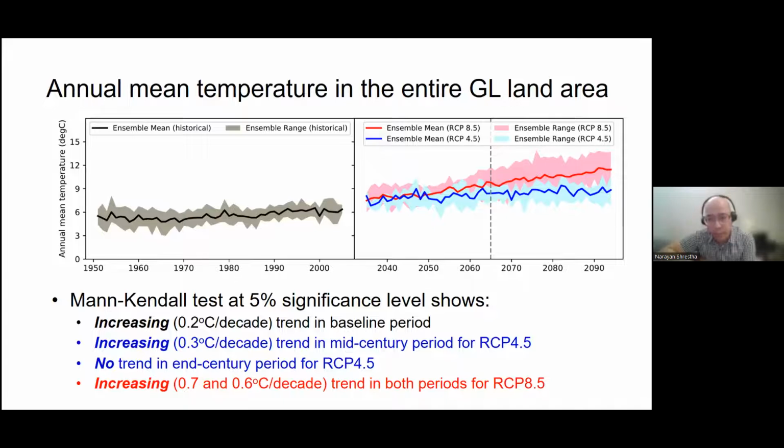Whereas for RCP 8.5, for both periods, we have seen significant increases in annual mean temperature. The rates of increase are almost 3 times higher than what we have observed in the baseline period.